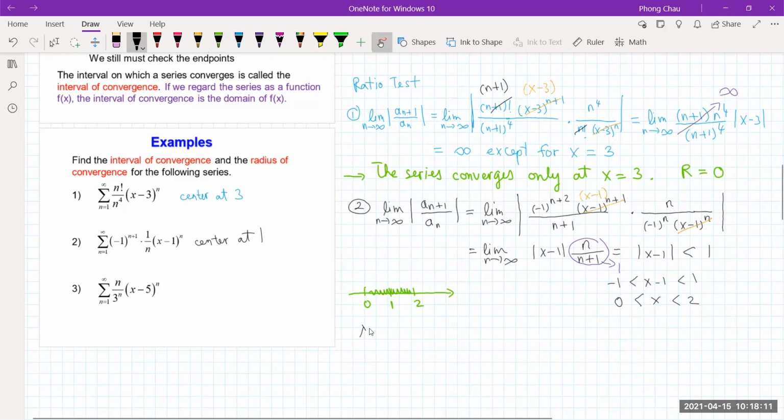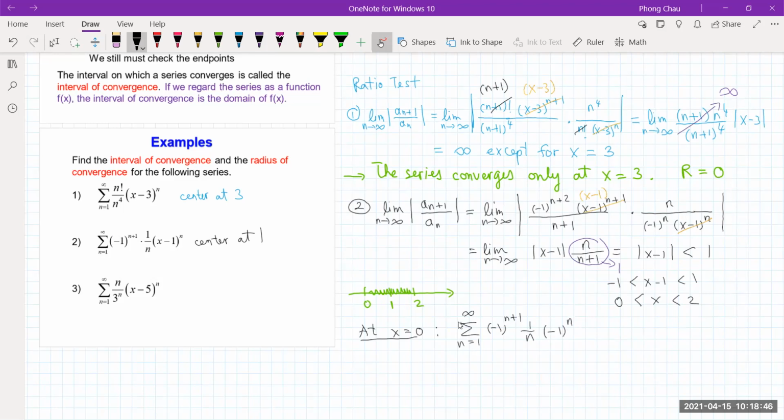If you have x equals 0, let's see what we're going to have. If you plug 0 in, then I have negative 1 to the n plus 1, 1 over n, and here's negative 1 to the n. So our series now becomes negative 1 to the n plus 1, and 1 over n times another negative 1 to the n power.